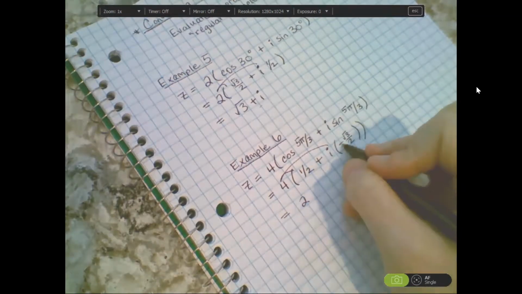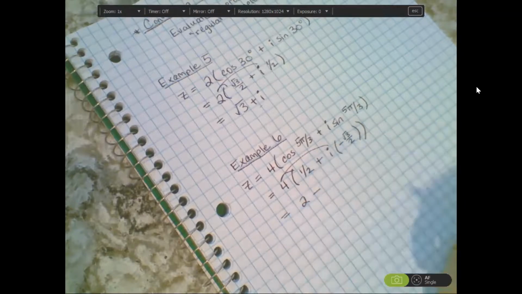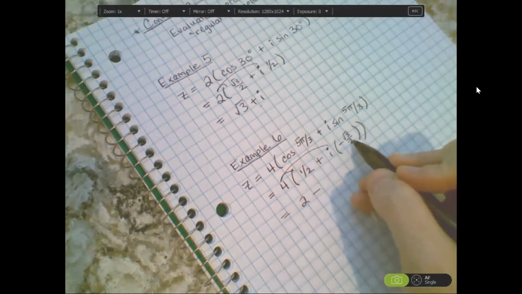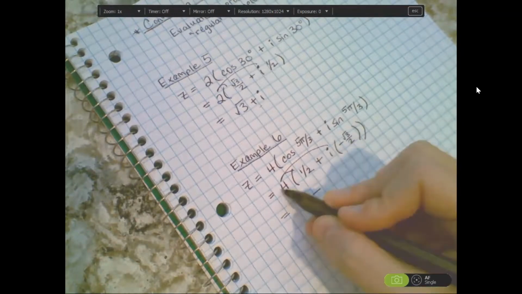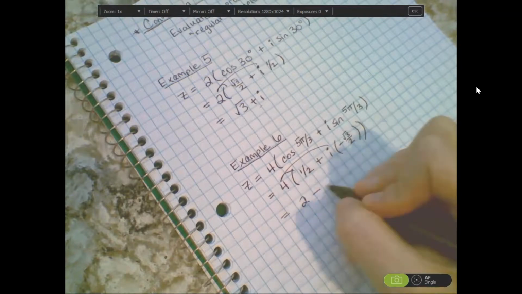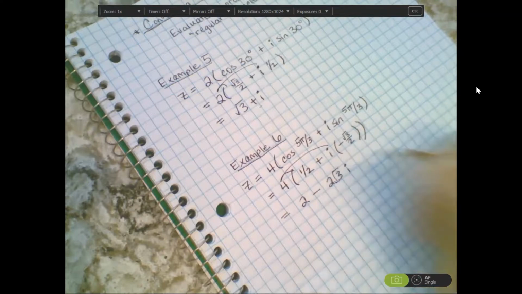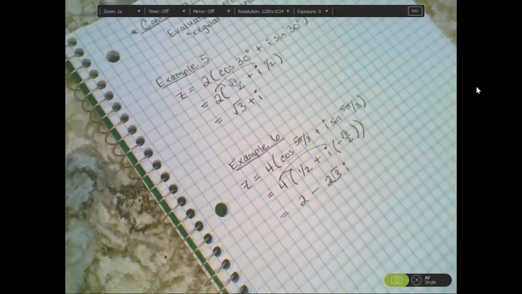And then I'm going to remember that this is a negative sign here, so this is going to be minus. When I distribute my 4 here, this 2 can simplify a little bit with this 4. That's going to be minus 2 root 3, and then my I on the end.